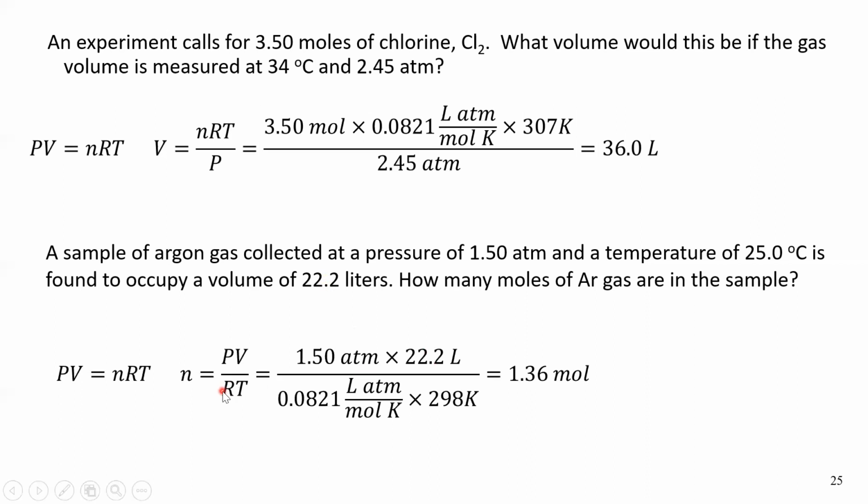For the R value, we want it to match up with the units for pressure, so we'll use 0.0821. And our temperature is given in Celsius, so we have to add 273 to get that to Kelvin, and that gives us 298. And again, if we look at the units, ATM cancels out, liters cancels out, Kelvin cancels out, and we're left essentially with 1 over moles.